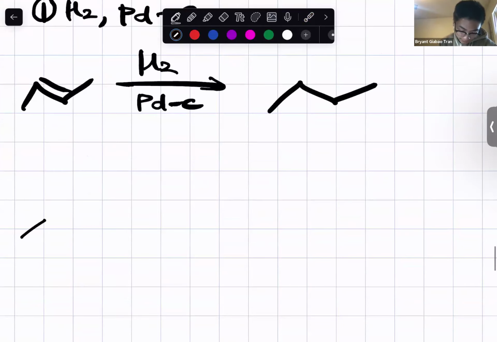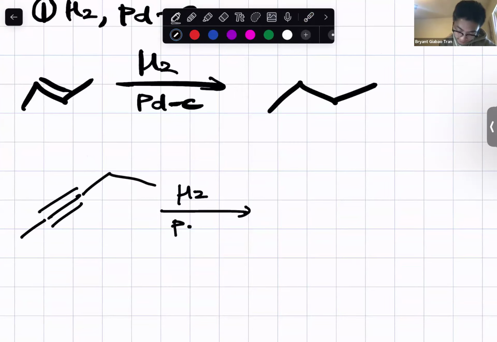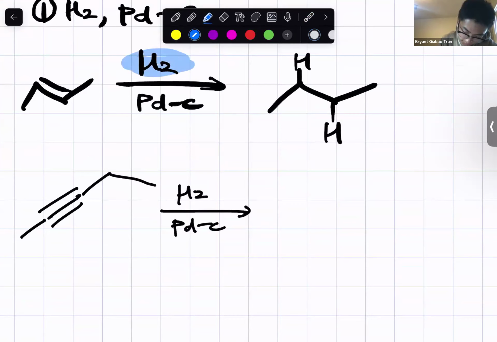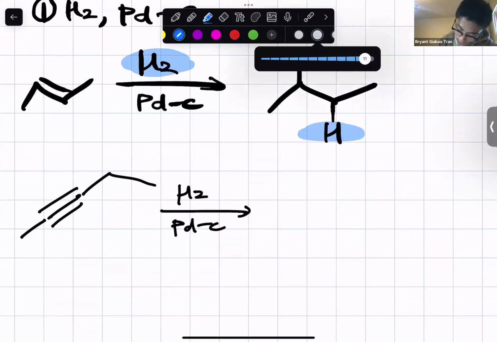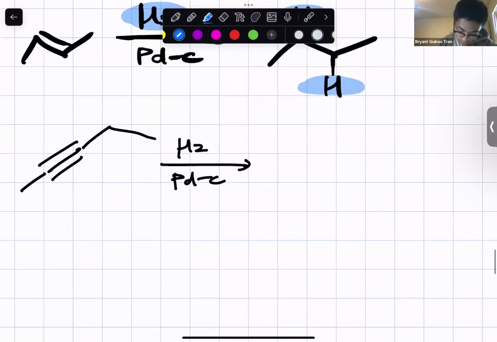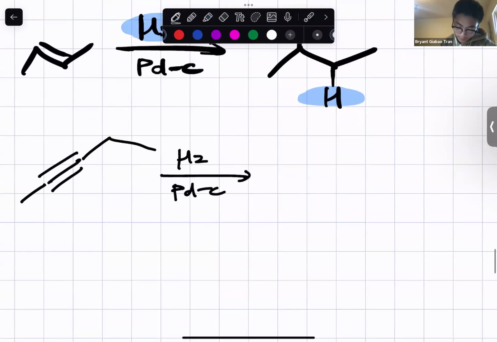Now let's introduce a triple bond. If we do H2 Pd/C, let me just write out those hydrogens to make it clear, where these two hydrogens are these two hydrogens here. That H2 Pd/C will also attach two hydrogens on the alkyne on the same side.